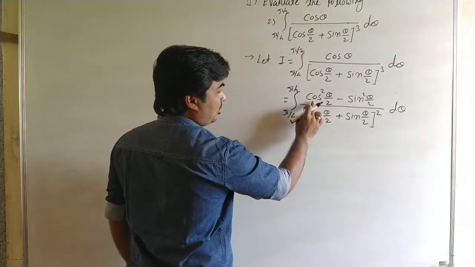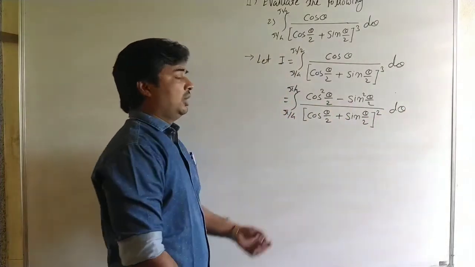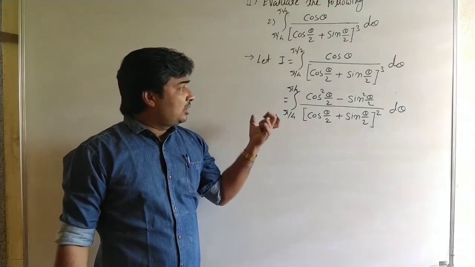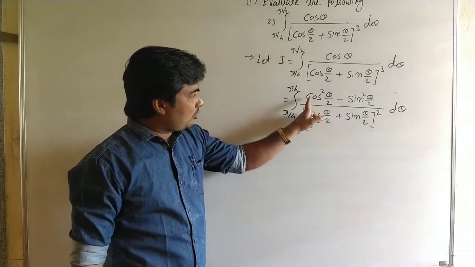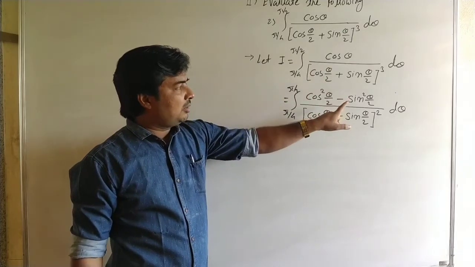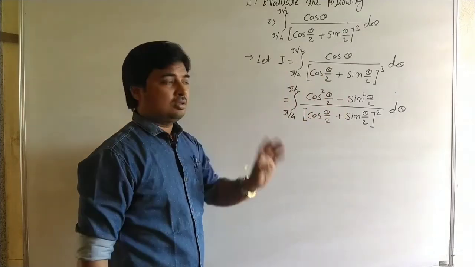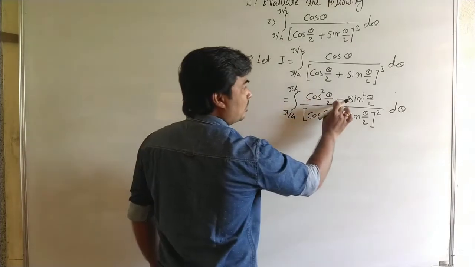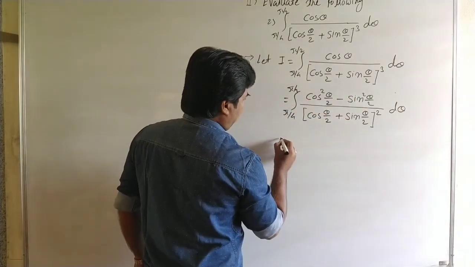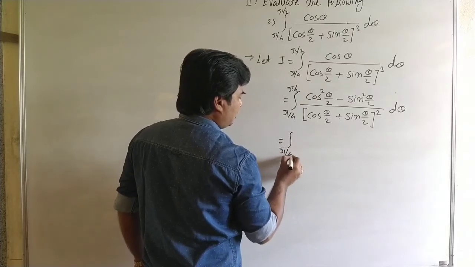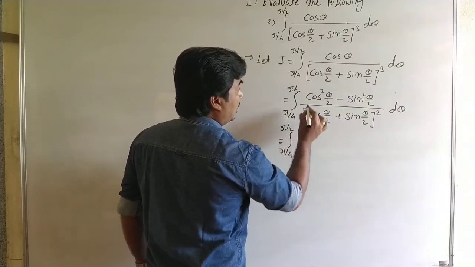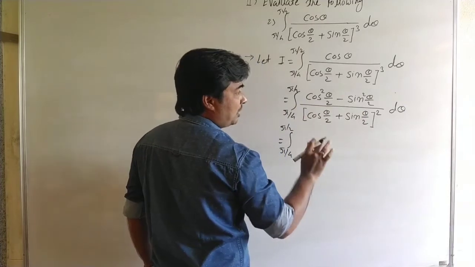Now again here cos square theta by 2 minus sin square theta by 2. Here we use the algebraic expansion, that is a square minus b square, a plus b, a minus b. Here cos theta by 2 minus sin theta by 2 into cos theta by 2 plus sin theta by 2. Then here it is integral, again pi by 4 to pi by 2 and here a square minus b square, a plus b, a minus b.